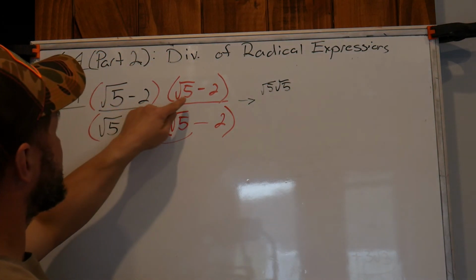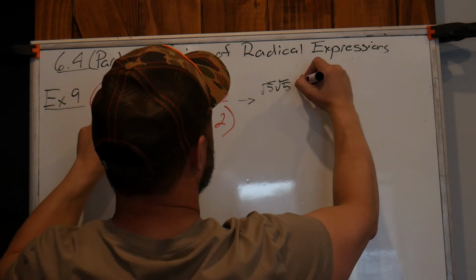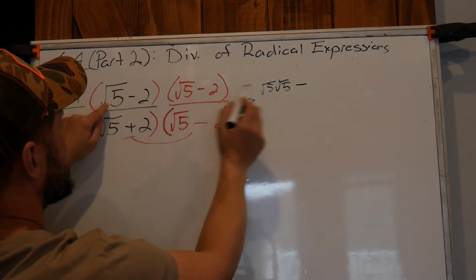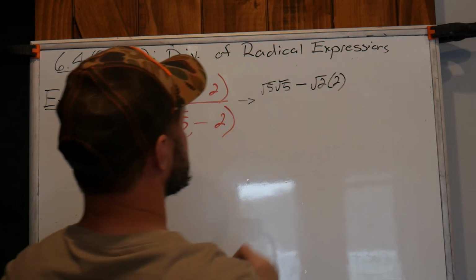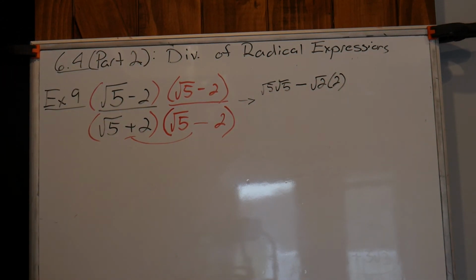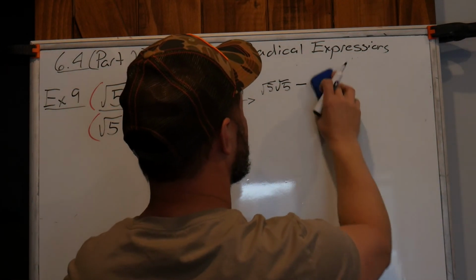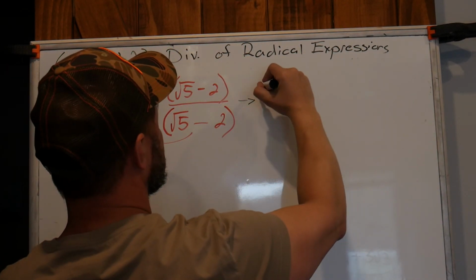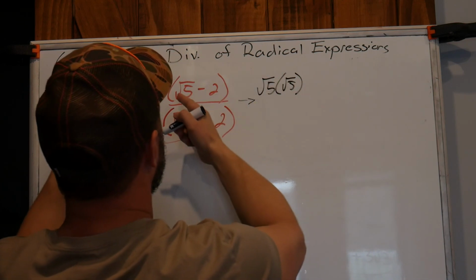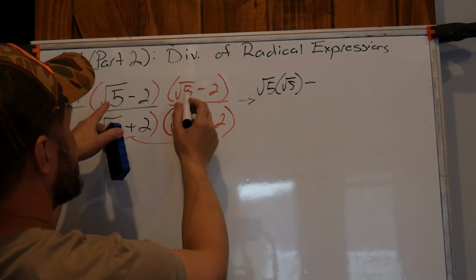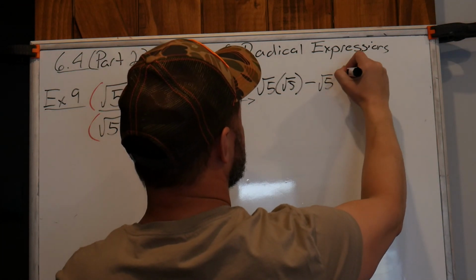I have square root of 5 times square root of 5. And then positive, negative, so a negative square root of 5 times 2. Whoops. That's bound to happen at some point. I'm going to rewrite the whole thing a little cleaner. I have square root of 5, square root of 5, positive, negative, square root of 5 times 2.